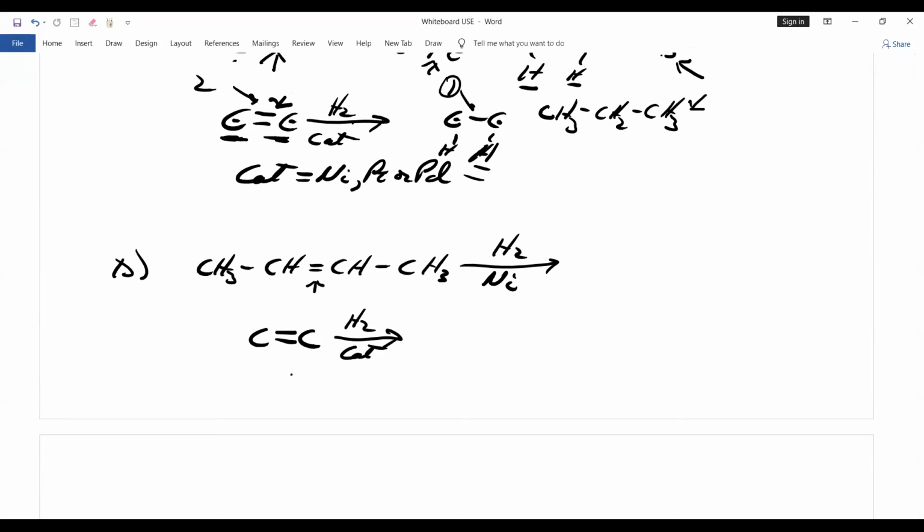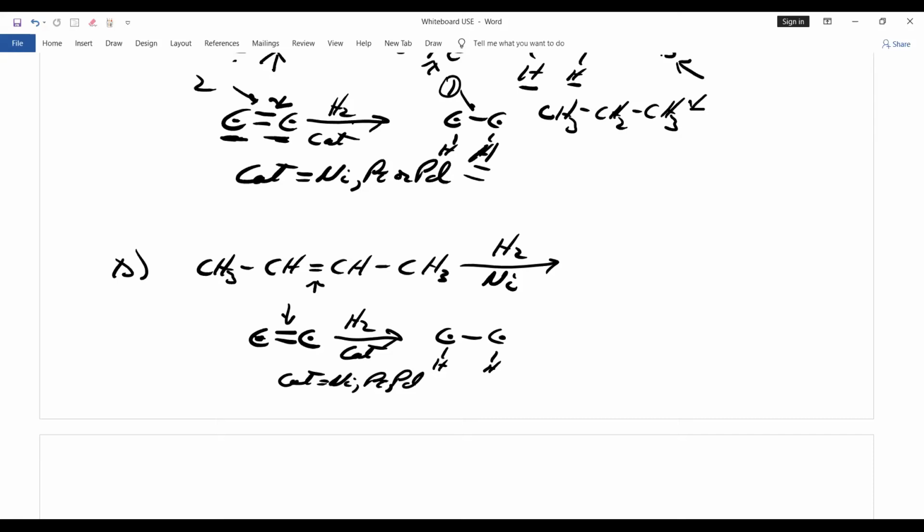Nickel is a catalyst. Remember, the catalysts equal nickel, platinum, or palladium. And you memorize, you break one of the bonds. It's called a pi bond. It's easy to break. And each carbon of the double bond gets a hydrogen.